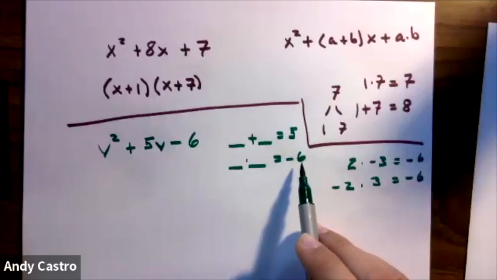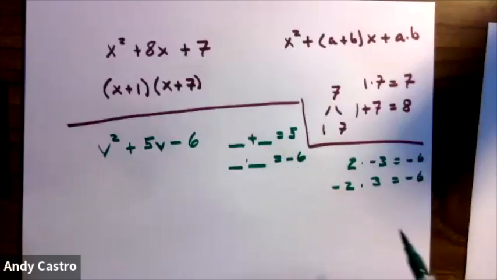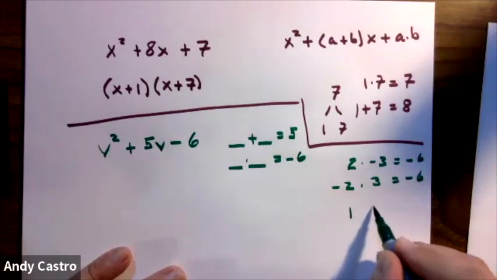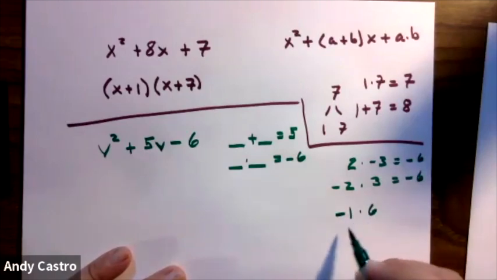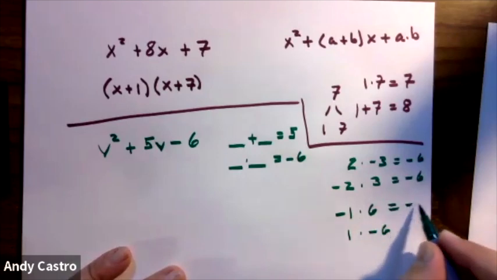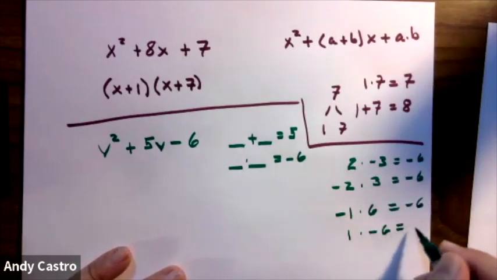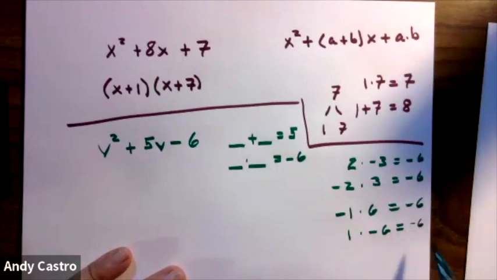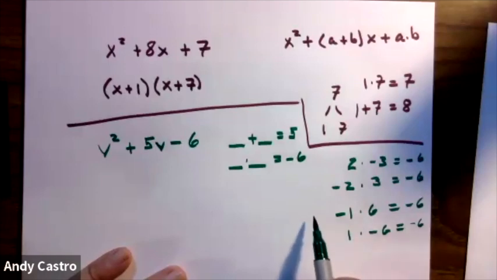So what else multiplies to give me negative 6? Well, negative 1 and positive 6, or positive 1 and negative 6. Both of those also multiply to give me negative 6. Negative 1 plus 6 equals 5. That's going to be my guy.